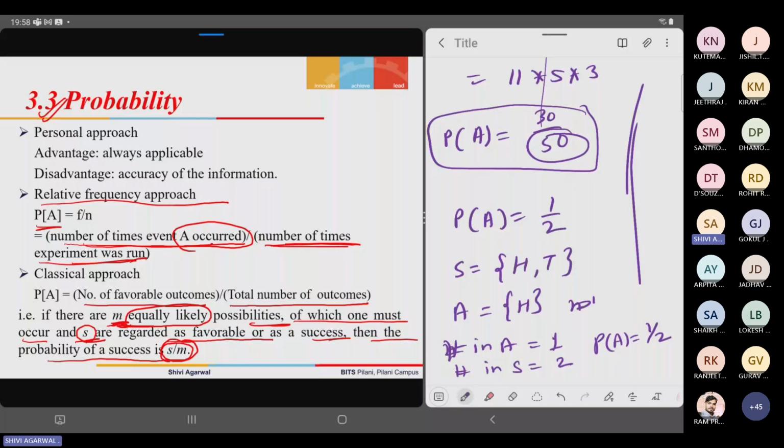And to find the accurate probability, there is really no meaning of an accurate probability, because we don't know the exact value of the probability.